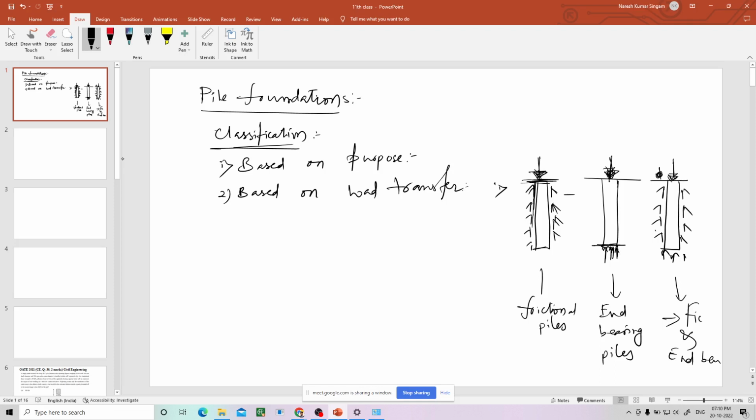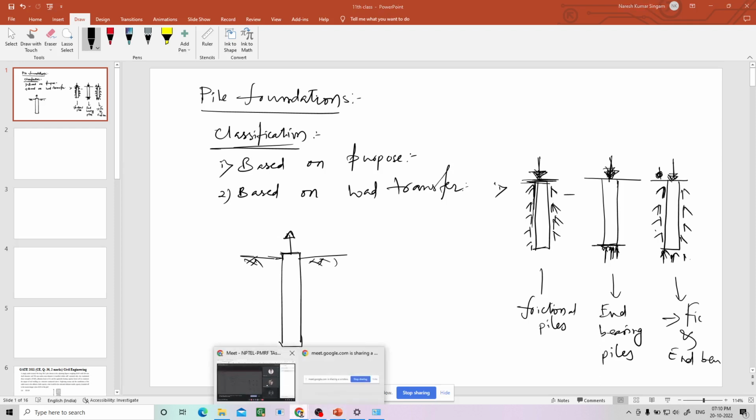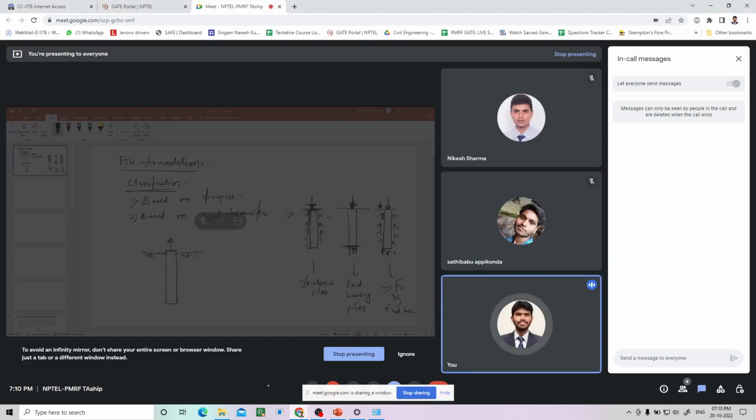Now if the load itself is in the upward direction, the pile is there inside the soil and you are applying upward load, where will the resistance develop from? What are the factors which will contribute? Can anyone tell?